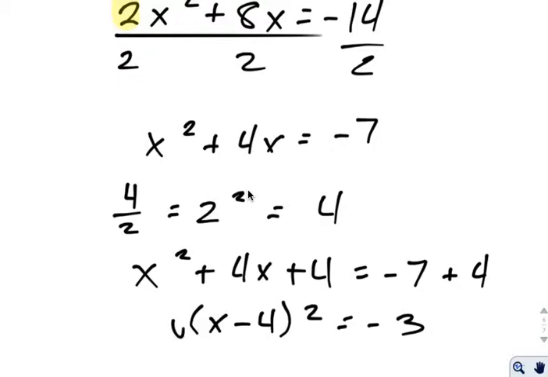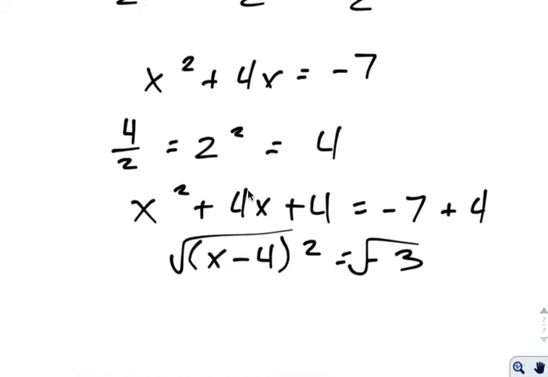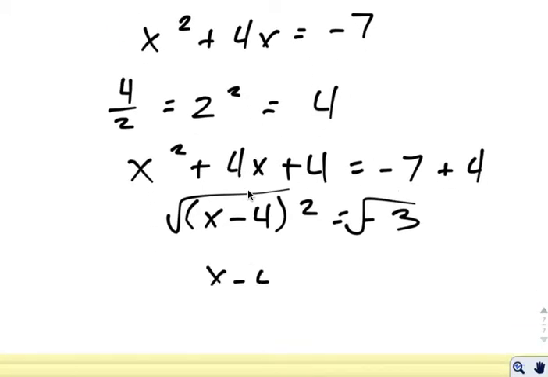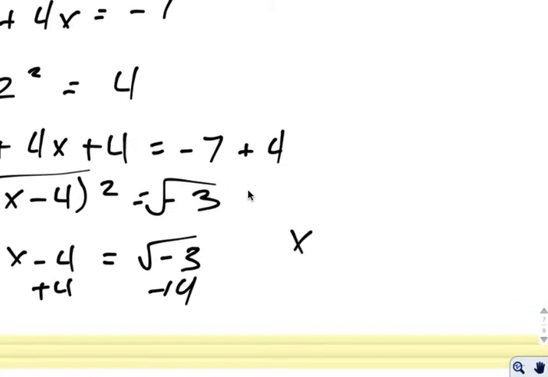I take the square root of both sides. So x plus 2 equals the square root of negative 3. And there's something interesting about this problem in particular because when I continue to solve this, I subtract 2 from both sides. So I get x equals negative 2 plus or minus the square root of negative 3.